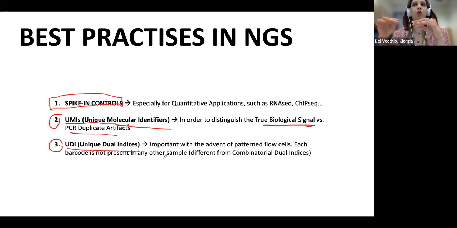So to avoid the index hopping effect, okay?